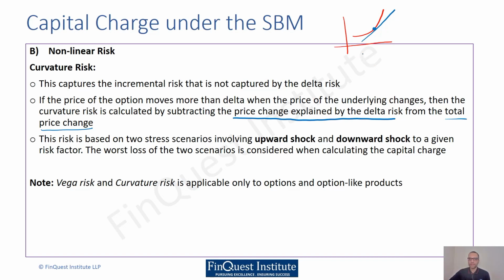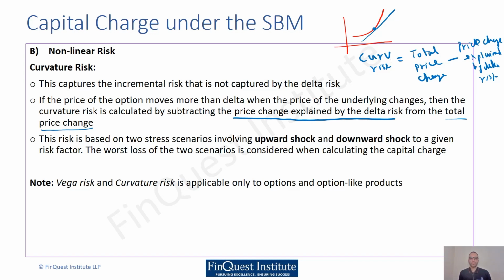So we have this curvature risk, which could be explained in simple arithmetic terms as the total price change minus the price change explained by delta or delta risk. So this is what we call the curvature risk.